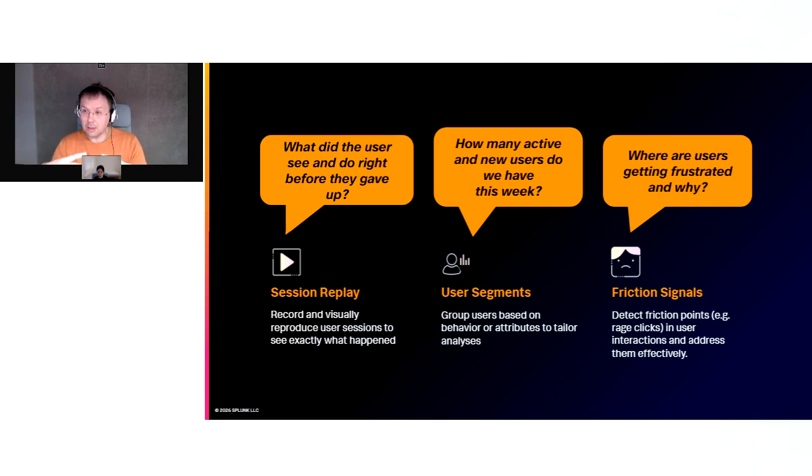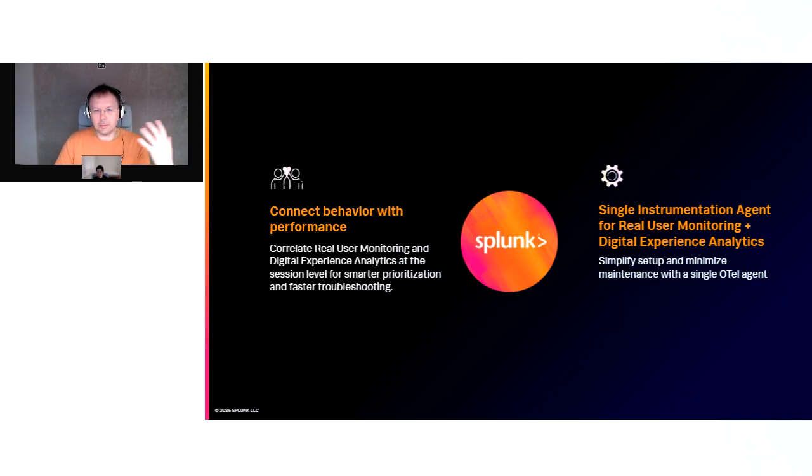These are the signals that users are not happy with the product, and we can track these situations and evaluate them and see why this is happening. Okay, so all of these were the typical questions we want to answer through our new offering.